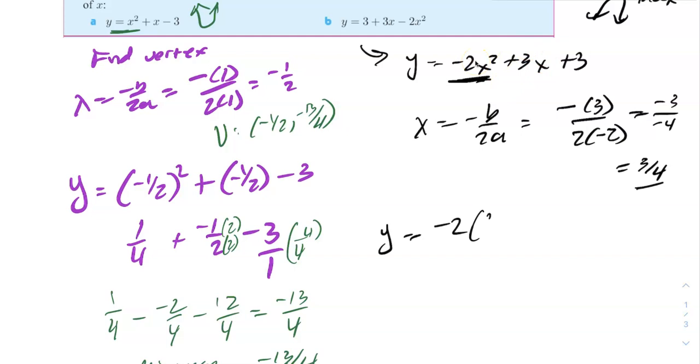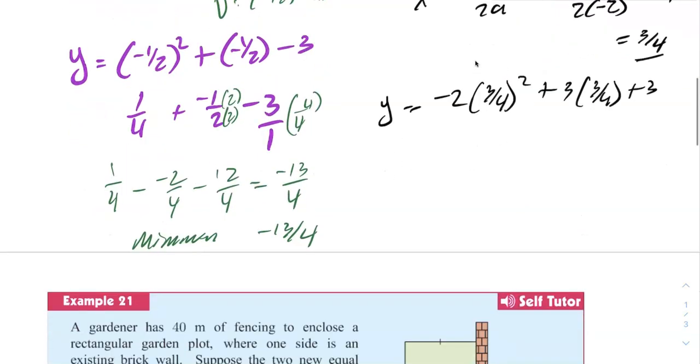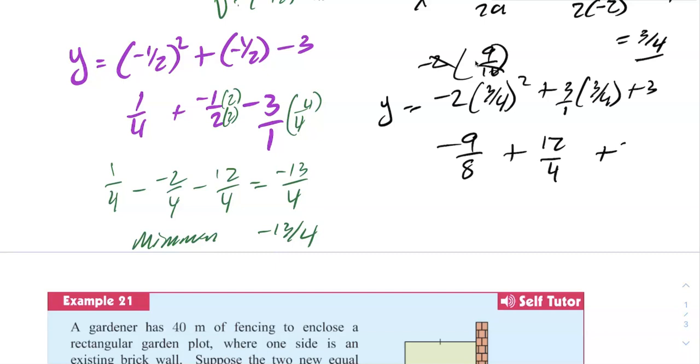So negative 2 times 3/4 squared plus 3 times 3/4 plus 3. So I get 9 over 16 times negative 2. So I can reduce this and get negative 9 over 8, plus 9 over 4, plus 3. Again, just for the sake of it, let's do it by hand. So I want a common denominator, so multiply this by 8 over 8 and 2 over 2.